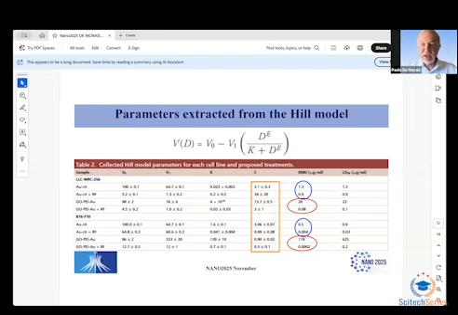If the Hill exponent is over 1, it means the first molecule or material that attached to the cell membrane just facilitates the next one to attach.